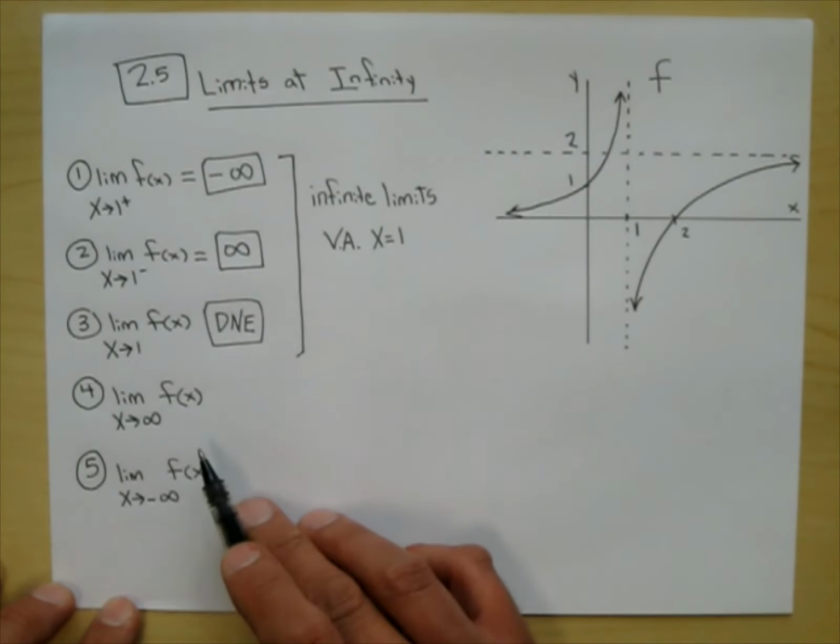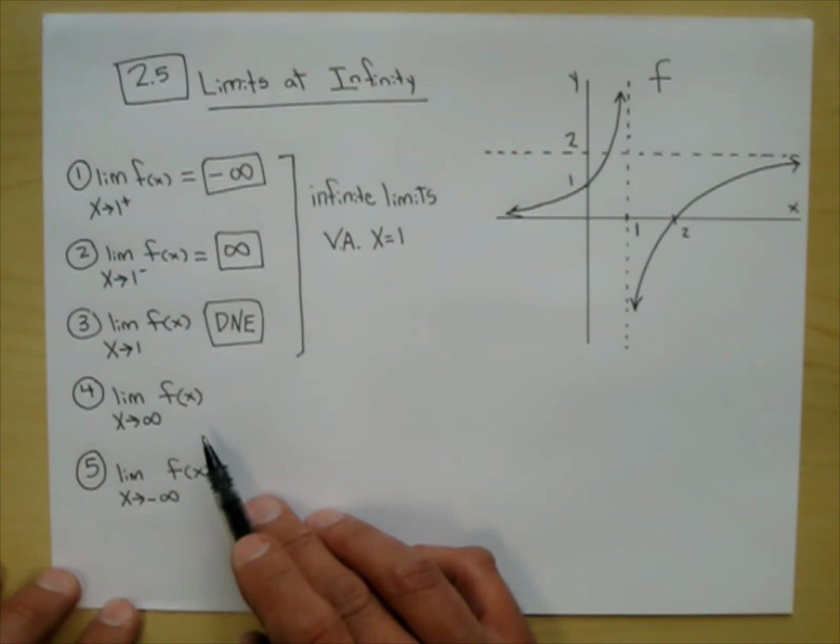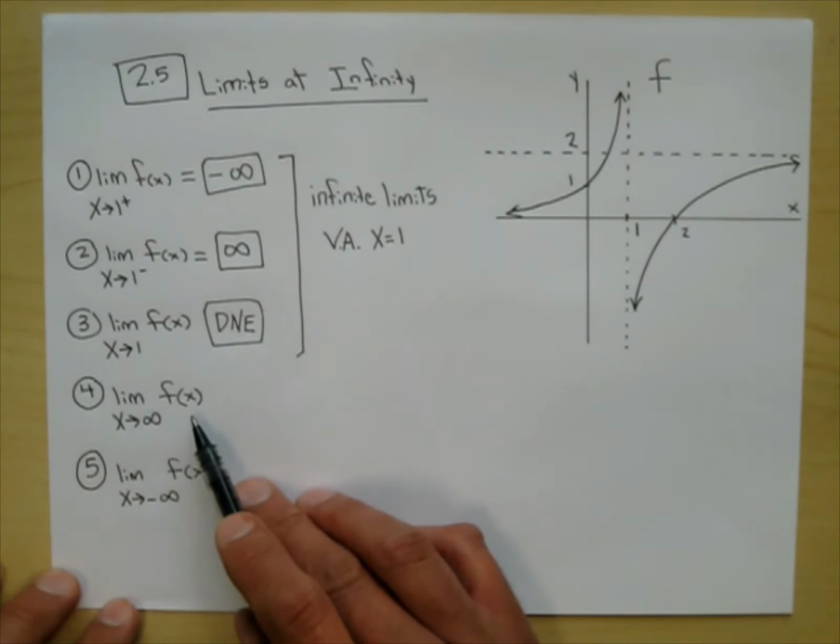Here are limits at infinity. What is the limit of f, so this is going to be new now, as x approaches infinity. So now the little bug is taking a walk along the graph, and you're going off to infinity.